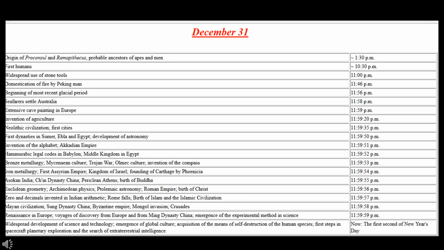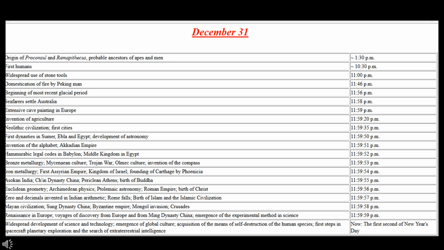On the evening of December 31st, about when you might gather with friends for the evening celebration, the first hominids evolve in East Africa at 10 minutes to midnight. About when all the New Year's partygoers are really starting to watch the clock, Neanderthals spread throughout Europe. At 1 minute to midnight, agriculture is invented.